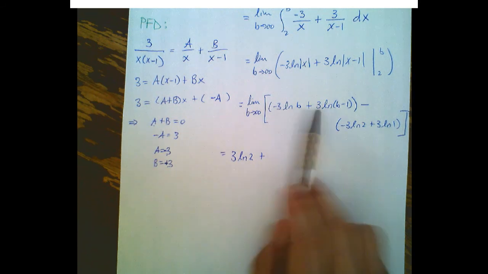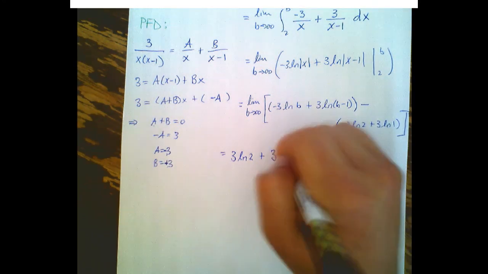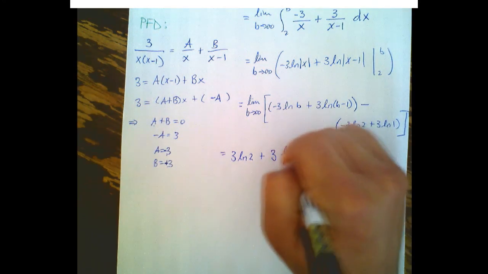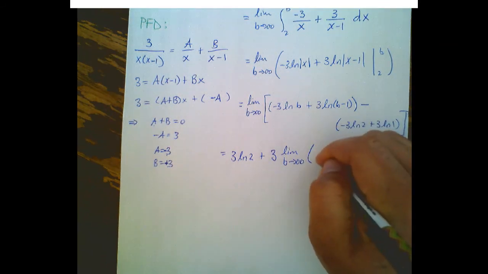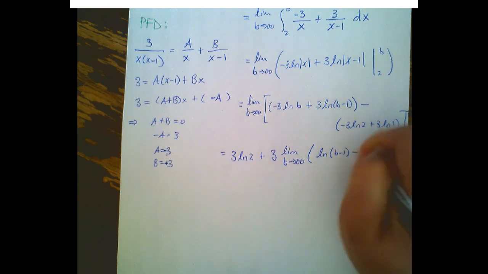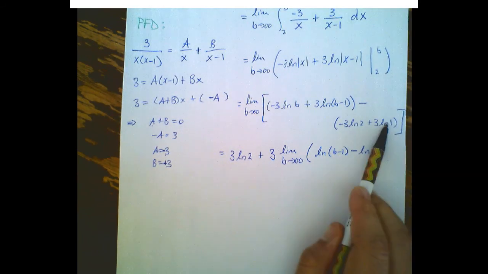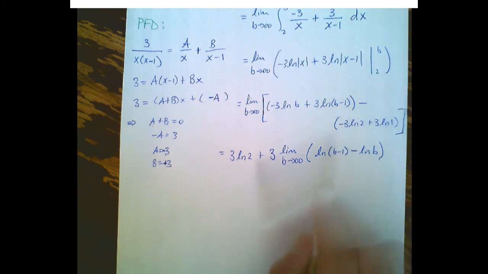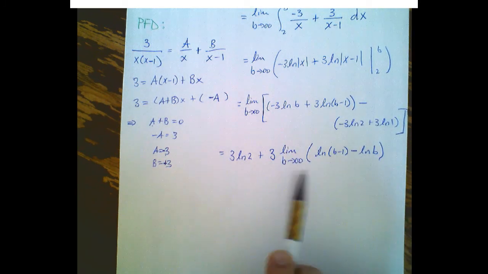So what I'm going to do first is factor off this 3 and pull that out of the limit. It's a property of limits you learned about in Calc 1. And I'm looking at this one first, negative natural log of b plus the natural log of b minus 1, right? So we're already taking care of these terms. That's 0. That is positive, so that can be pulled out. Now I'm just rearranging this and pulling out that 3.